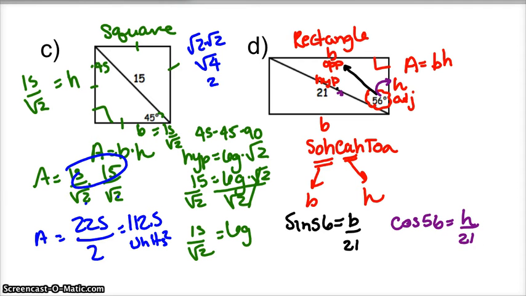To get the variables by themselves, I'm going to multiply by 21. I type in my calculator 21 times the sine of 56, and I'm getting B is 17.41. I do the same thing to get H by itself, multiplying both sides by 21, and I'm getting that H equals 11.71.